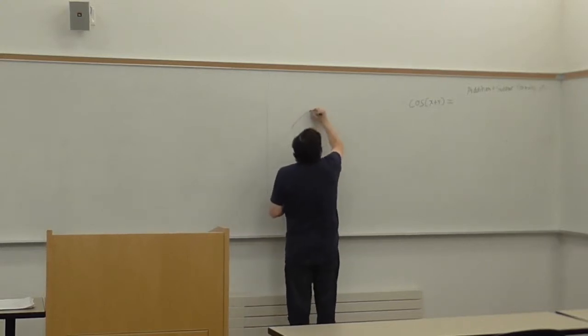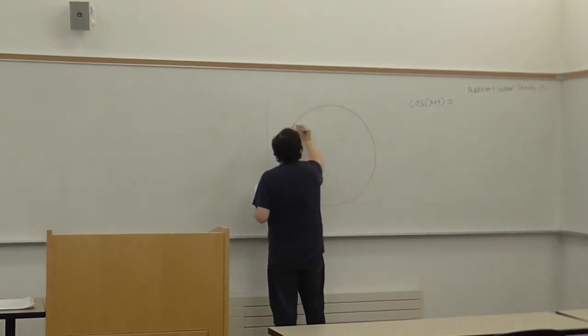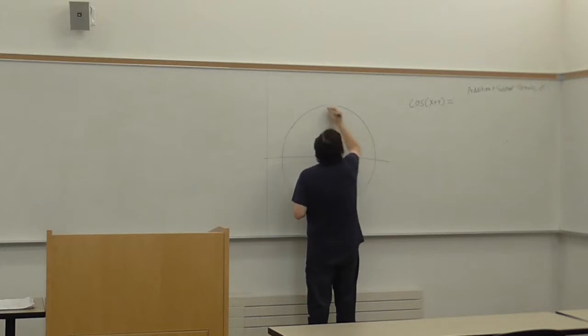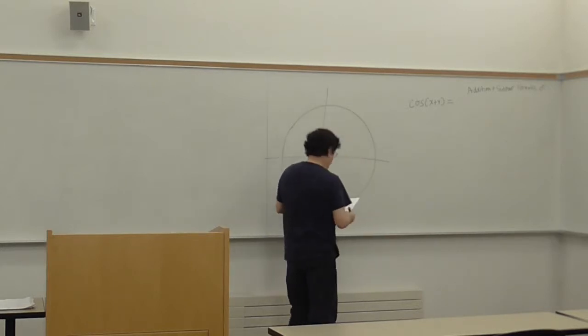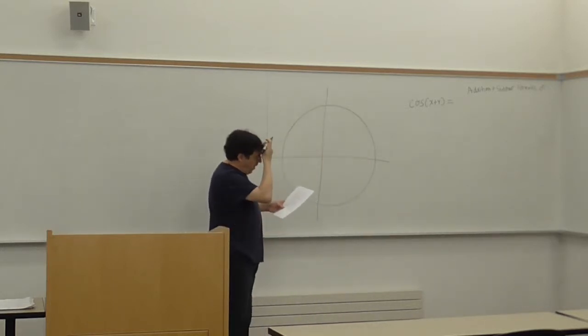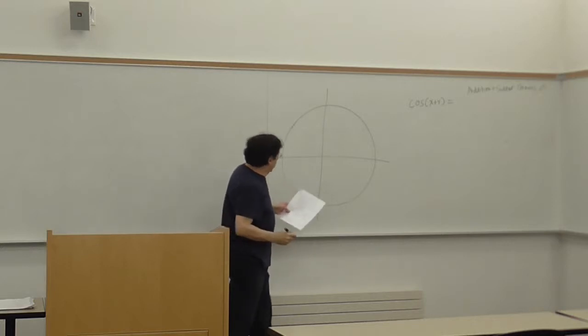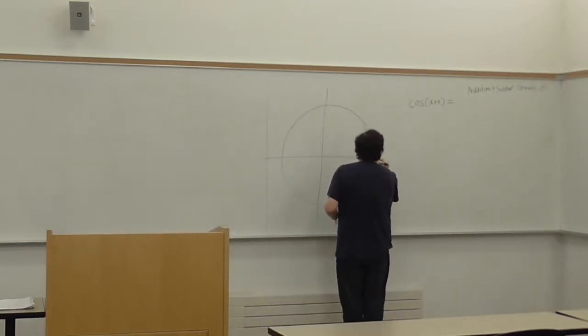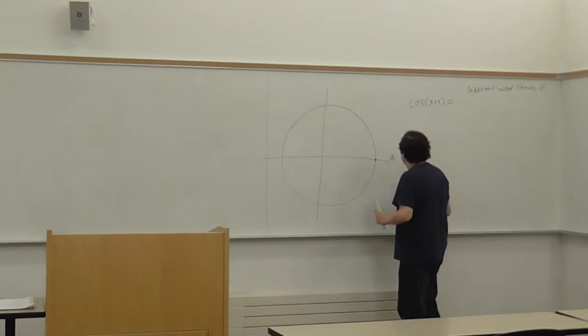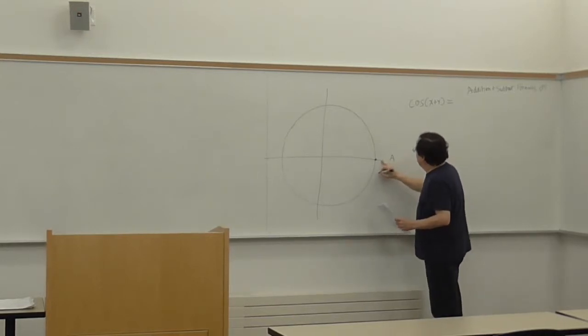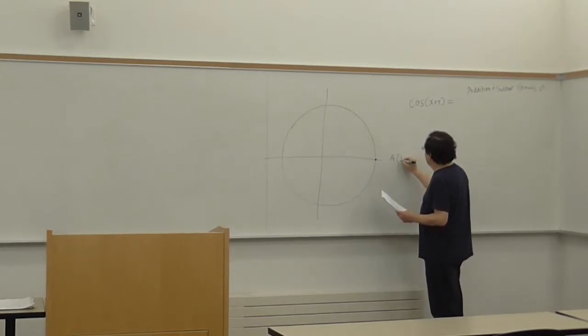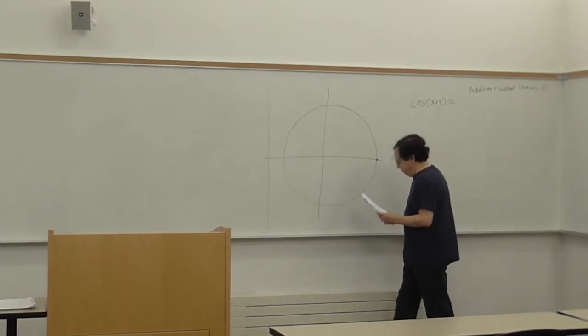So we're going to start with a unit circle. Big unit circle. And we're going to label this point over here A, and you might as well write in its coordinates, 1, 0.